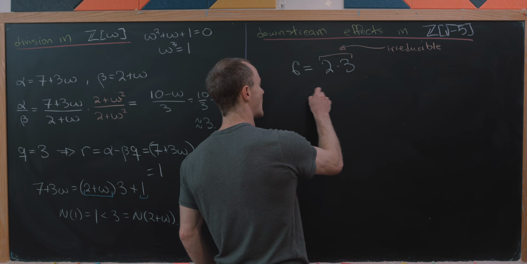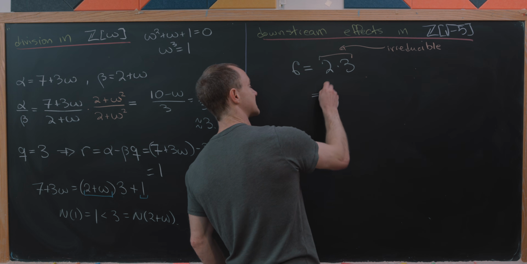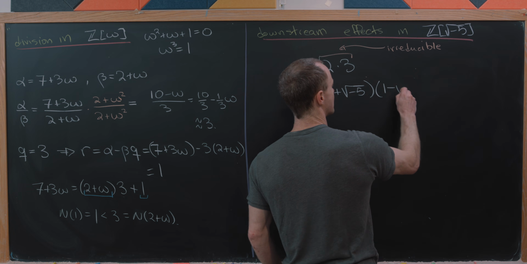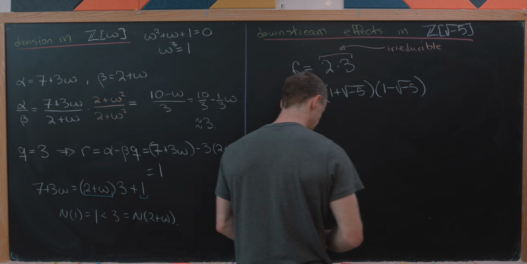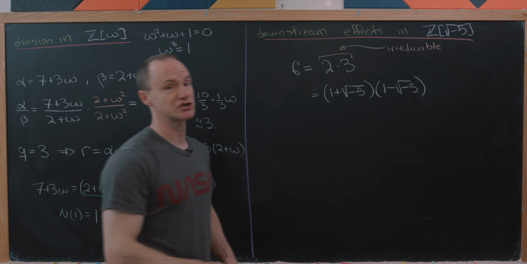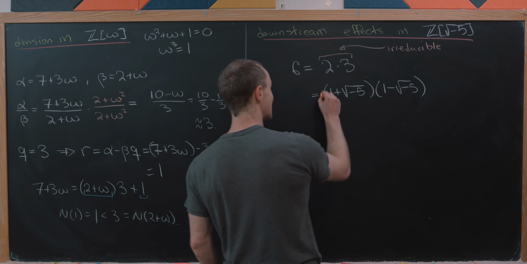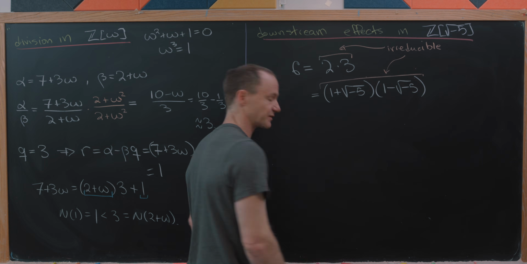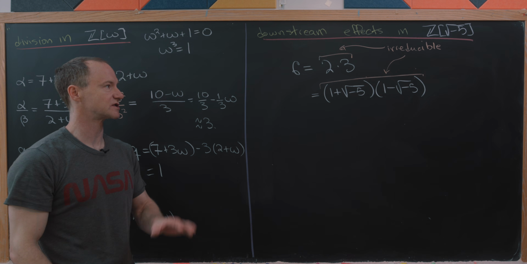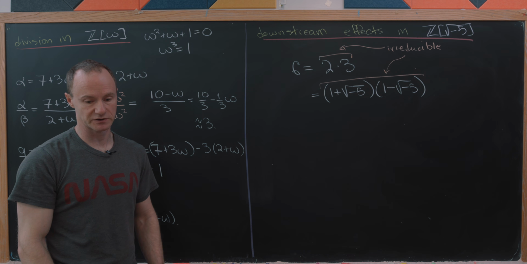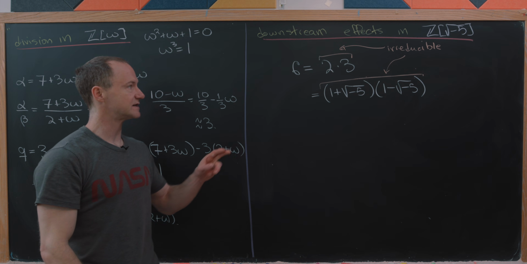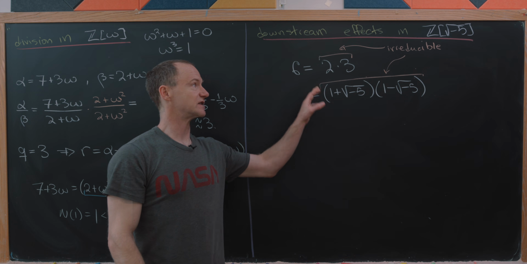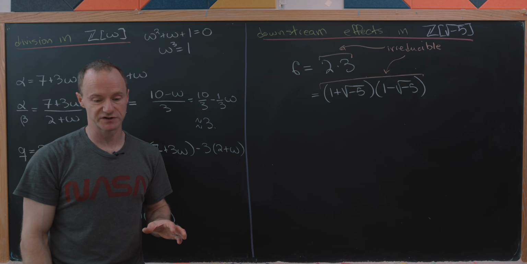But we can likewise factor 6 as (1 plus the square root of minus 5) times (1 minus the square root of minus 5). I think it's pretty clear that that factorization works as well. And furthermore, these two numbers are also irreducible. Again, you would have to check that, but it's not so hard to prove. So what we've done here is we factored 6 two different ways using two different pairs of irreducible numbers.